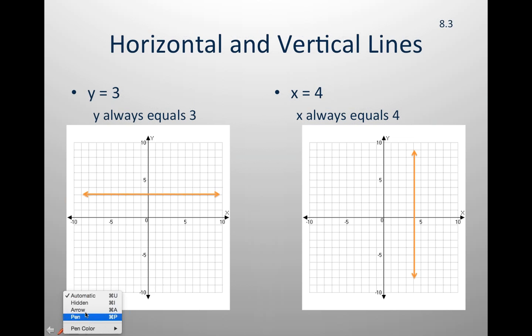And so we can see that here the y is crossing at 3, and here the x is crossing at 4. So when x equals 4, it's going to cross your x-axis at 4, and y equals 3 is going to cross your y-axis at 3.